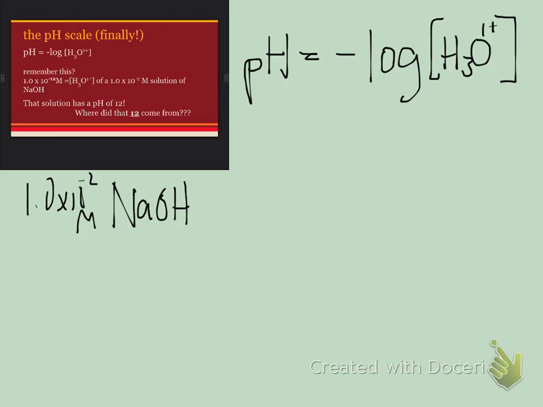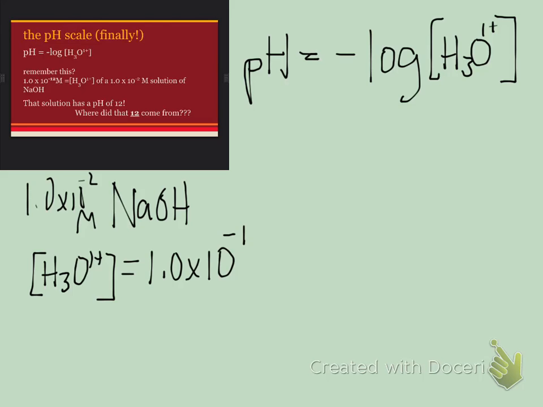And we calculated the hydroxide concentration, and from that we got the hydronium ion concentration, and that was 1.0 times 10 to the what? Negative 12th. Okay, fantastic.